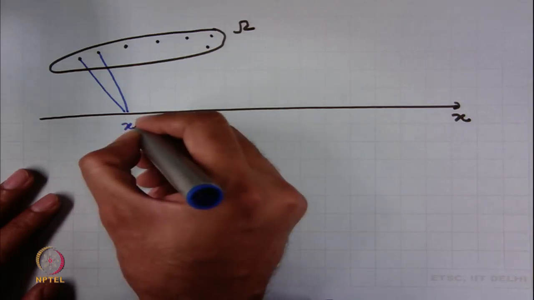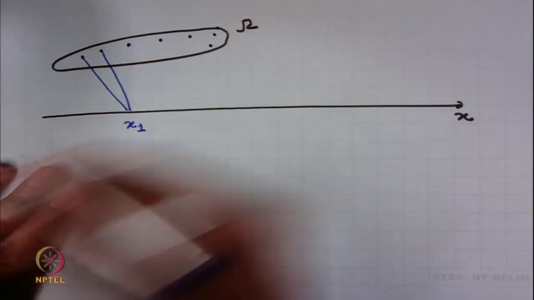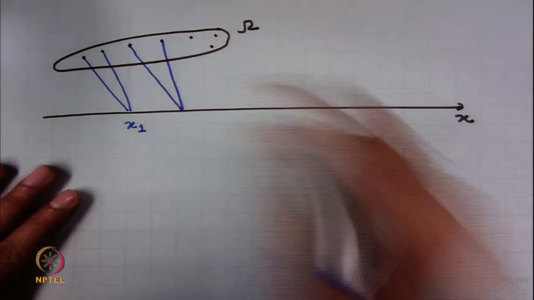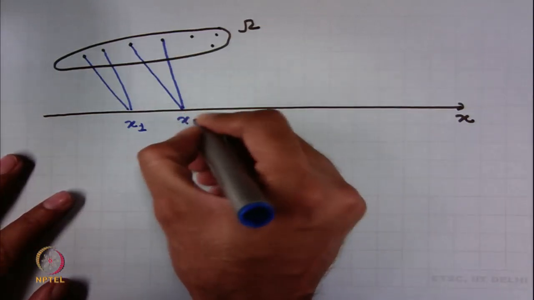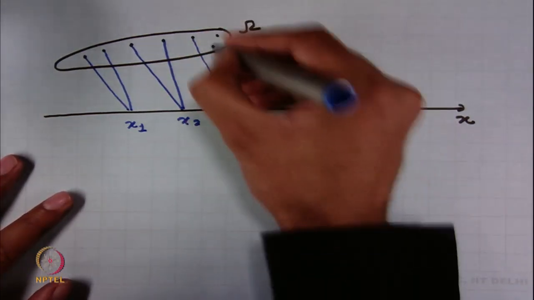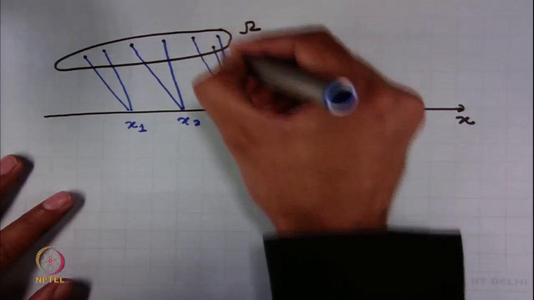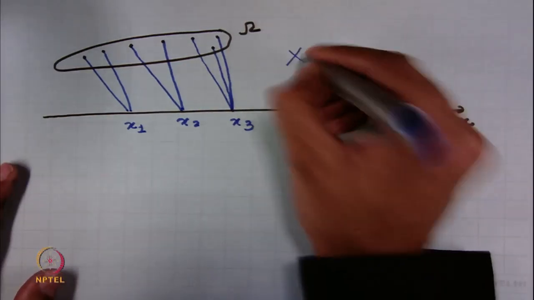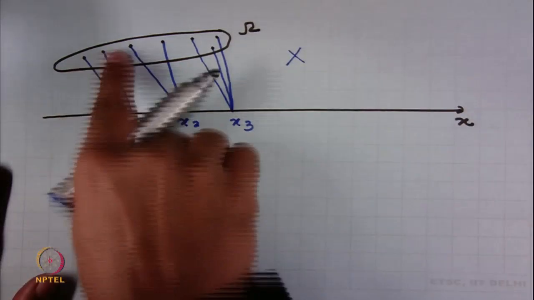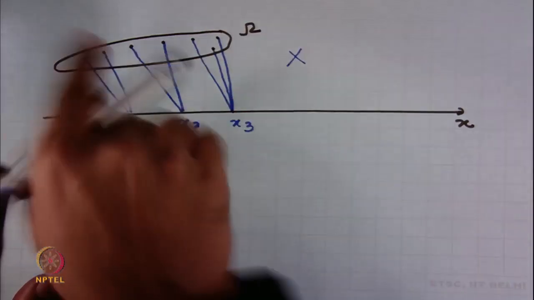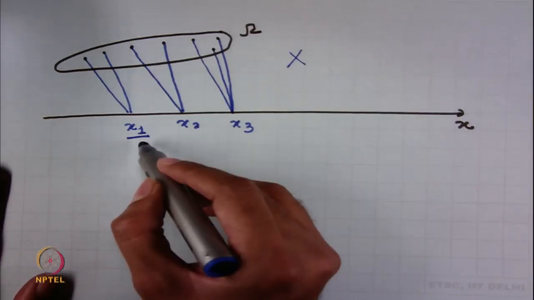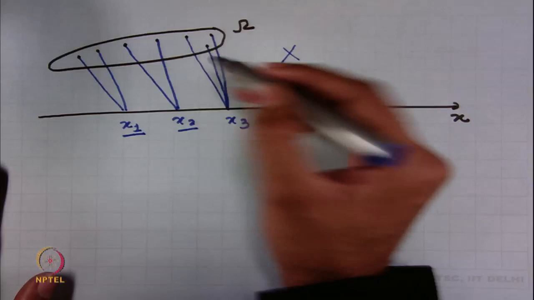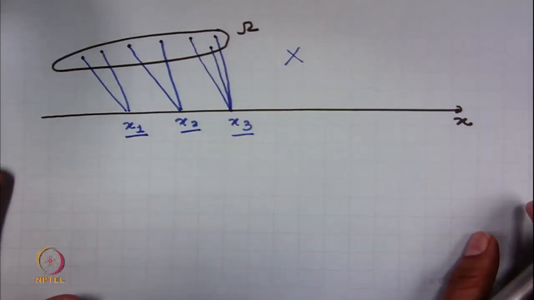These outcomes are mapped to a real number x2, and these outcomes are mapped to a real number x3. So, that is a random variable. I have a random variable X which assigns numerical values to these outcomes. To these two outcomes it assigns a numerical value x1, to these two outcomes it assigns a numerical value x2, and to these three outcomes it assigns a numerical value x3.